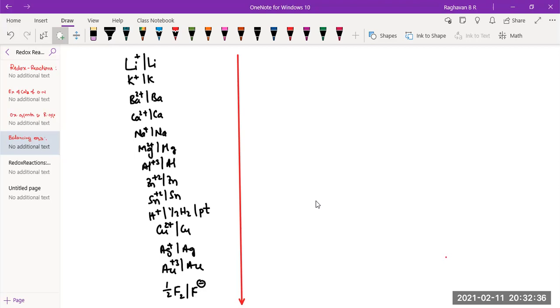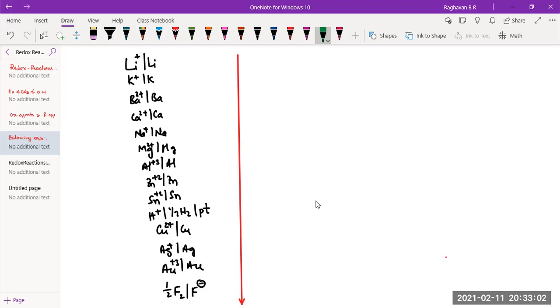So atom bar negative ion is correct. A cation gains electron and becomes an atom, reduction. An atom gains electron and becomes an anion. So fluorine always goes from atom to negative ion. In this list from lithium to fluorine, many elements are actually in between, but whatever is written is in the increasing order of SRP. The series starts with lithium and ends with fluorine.